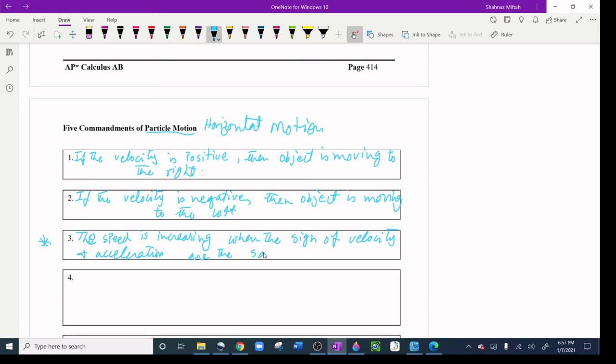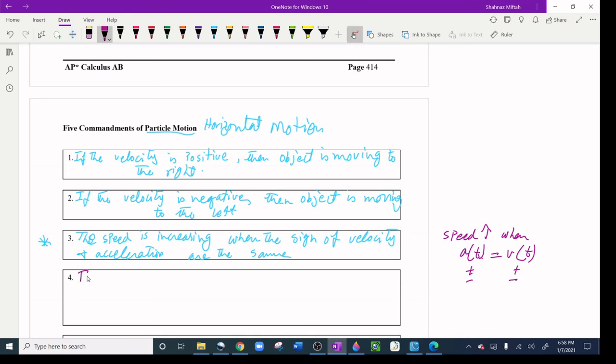So what does that mean? Look up here, guys: speed increases when acceleration and velocity have the same signs. For example, they have positive and positive, or negative and negative. If they have the same signs, it's increasing.